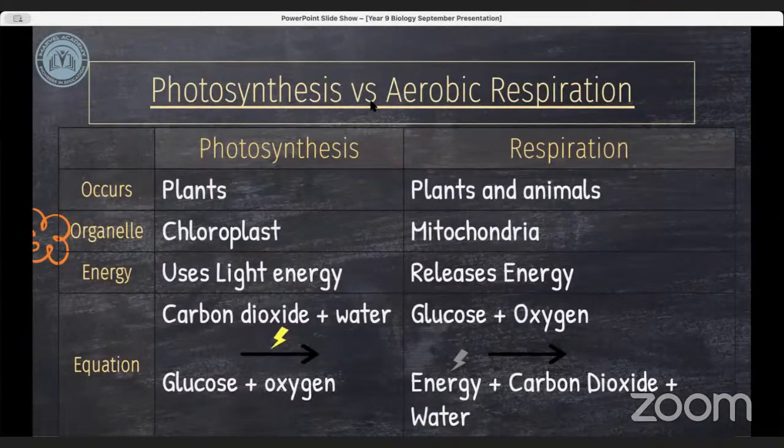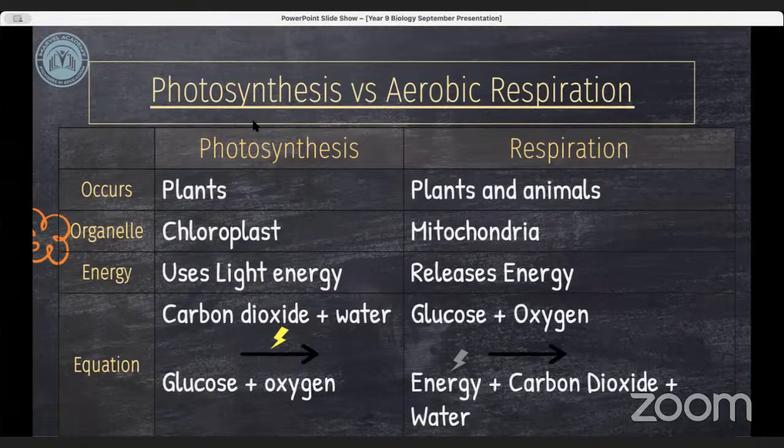So photosynthesis versus aerobic respiration. Now let's try to compare, children. Photosynthesis occurs in plants, respiration in plants and animals, right? And then the chloroplast.